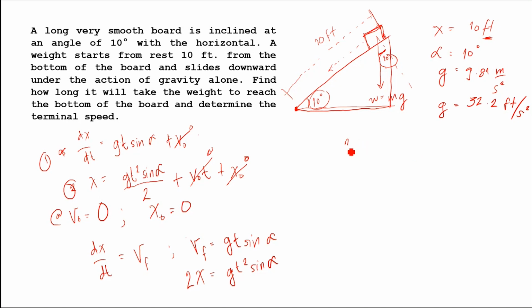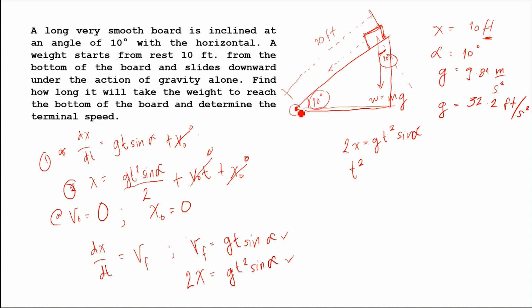2x is equal to g t squared sine alpha. We can now isolate t. Ang hinahanap natin is yung time. Ito yung gagamitin natin formula para hanapin yung time na marereach ng weight at the bottom. This one is gagamitin natin for velocity.